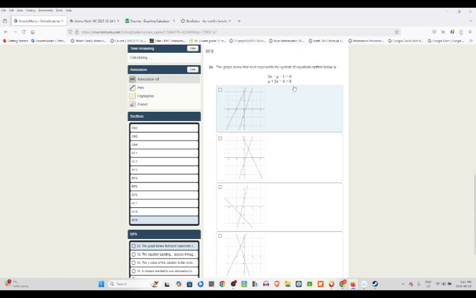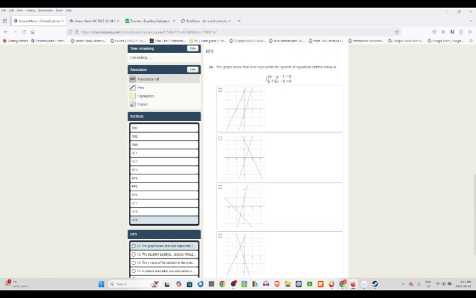All right, lastly, the graph below that best represents the system of equations written below is... So our best bet here is to look for our y-intercepts and our x-intercepts. Our first graph, 3x minus y minus 1 is 0.